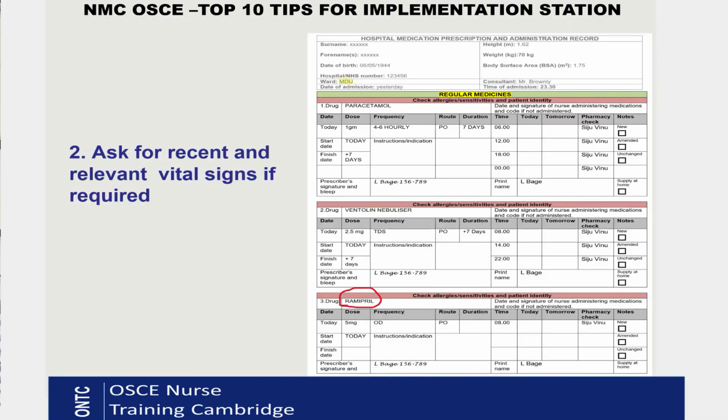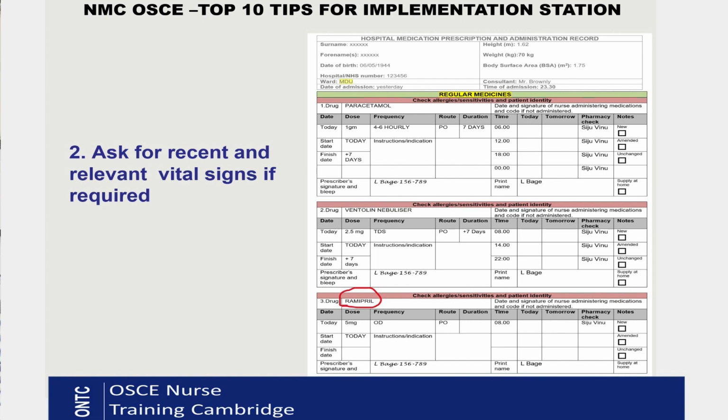Next tip is ask for the recent and relevant vital signs if required. For example, you can see on your screen there is Ramipril there. If it is due at my time, then I definitely need to ask the examiner for the recent blood pressure reading. If I decide to give this drug without asking for the recent blood pressure reading, then it's a critical fail. Why?